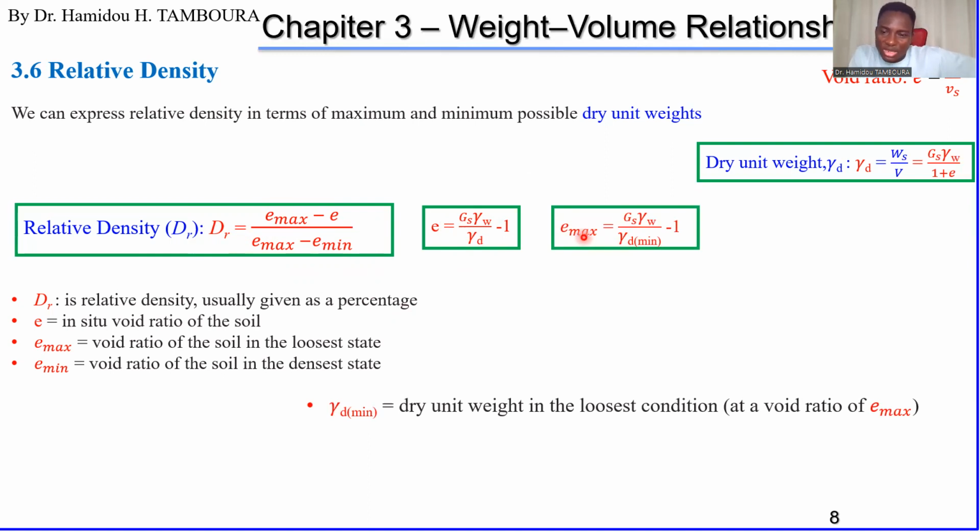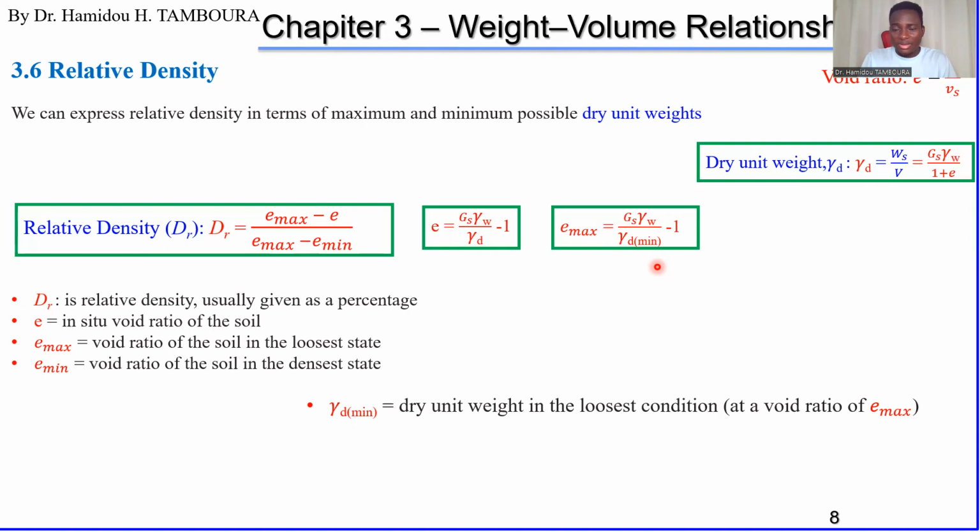and here you have to be careful, please. E maximum will be obtained with the minimum dry unit weight. Funny, right? The minimum dry unit weight. Because if void ratio is max, it means the weight is less.